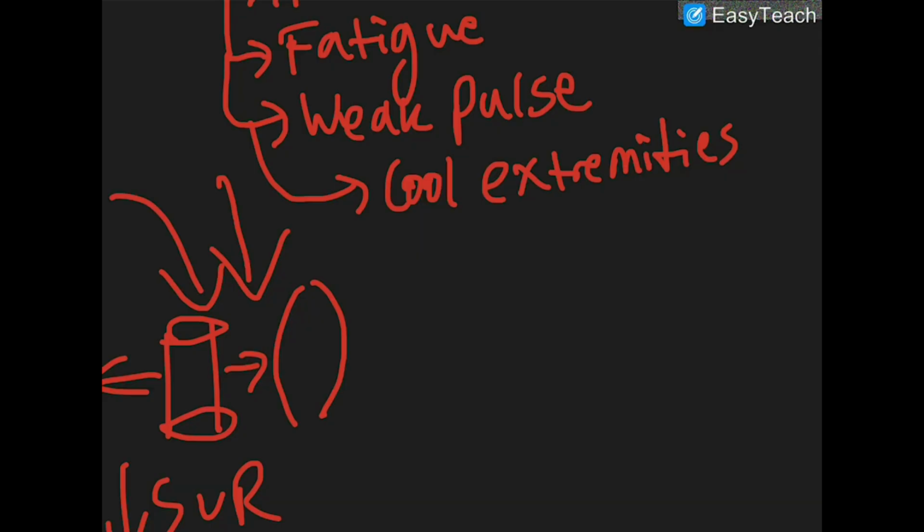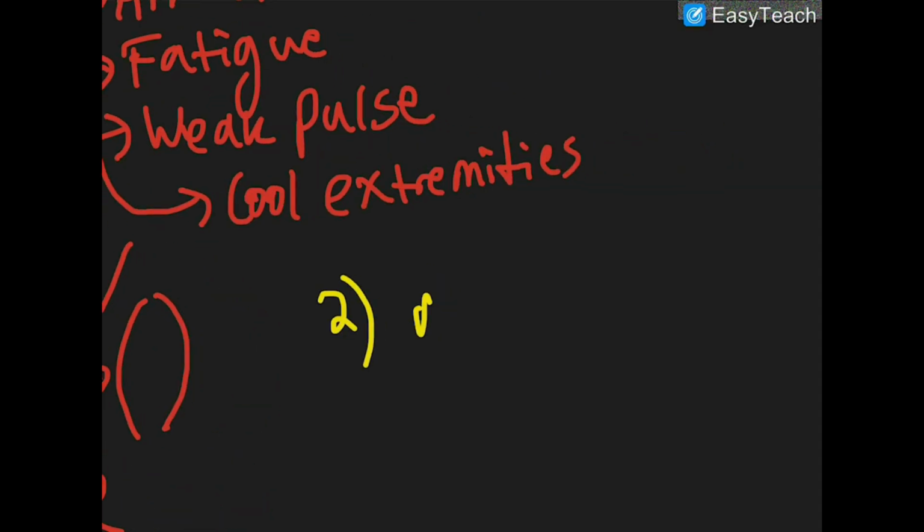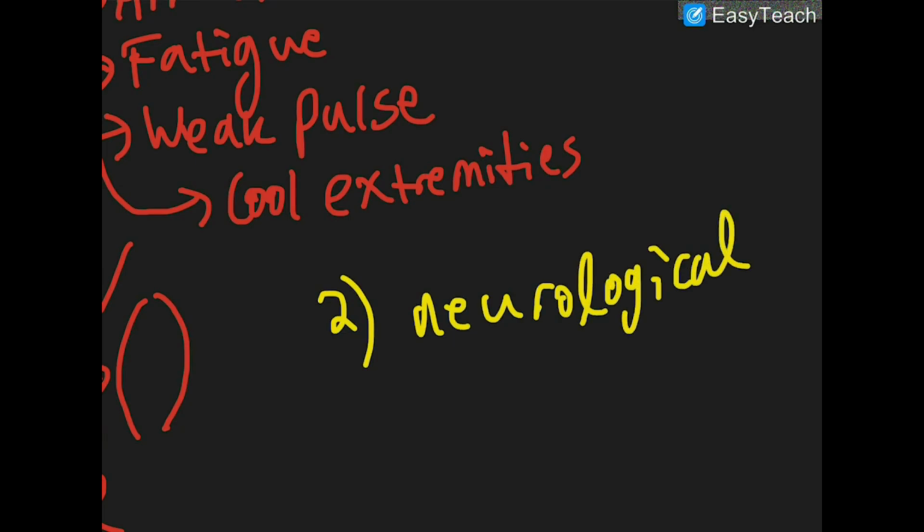To the blood vessels supplying your arm. So eventually you're going to get more blood flow coming to your arm, but that blood is coming from the vertebral arteries. Okay? So that's going to mean you're going to have neurological symptoms because the vertebral artery supplies your brain, right? So you can see things like neurological symptoms. Okay, neurological symptoms. All right.